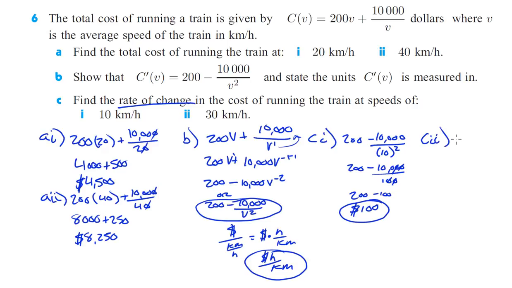C part II is going to be 200 minus 10,000 over 30 squared. So that's 200 minus 10,000 over 900.